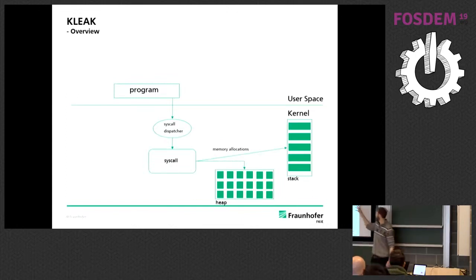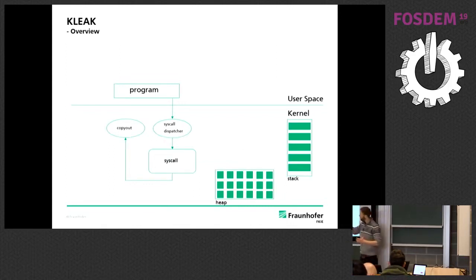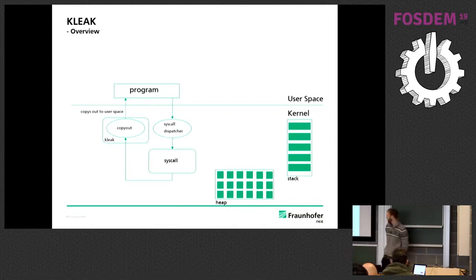It will write to the stack, and then at some point there must be some exchange, so data gets copied out to user space. That is basically our data sink, where we have a wrapper around copyout, and we look at each buffer and check, well, is there a marker byte? If there are 4 of them in a row, then we know, cool, there's a kernel memory disclosure.